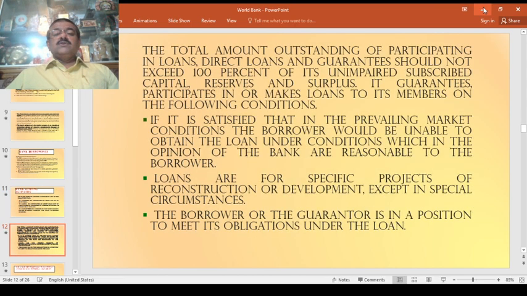The total amount outstanding of participation in loans, direct loans and guarantees should not exceed 100% of its unimpaired subscribed capital, reserves and surpluses.